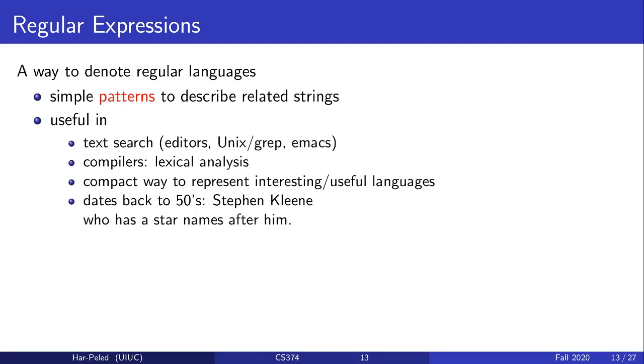It's a very compact way to write down interesting patterns in a useful way. That dates back to the 50s, to work by Stephen Kleene, who the Kleene star is named after.